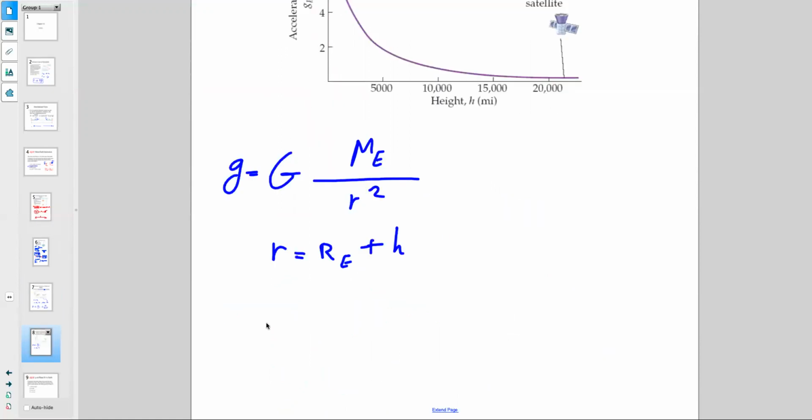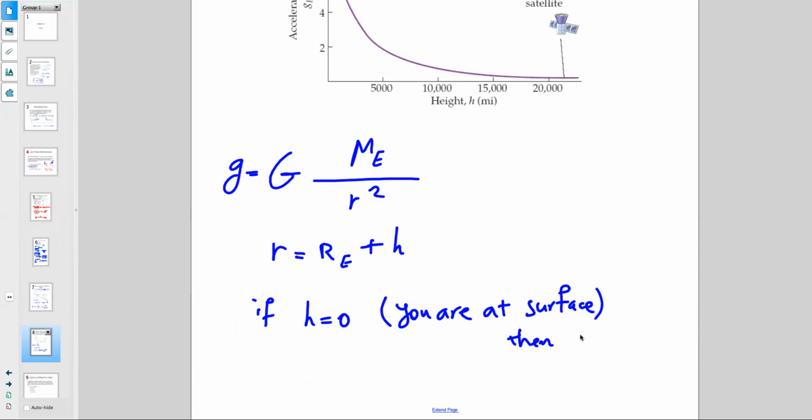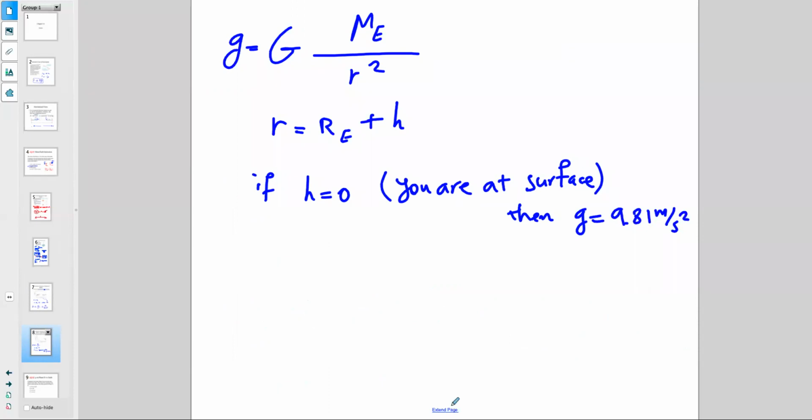So if height is 0, in other words you are at the surface, then the g value would be 9.81 meters per second squared.